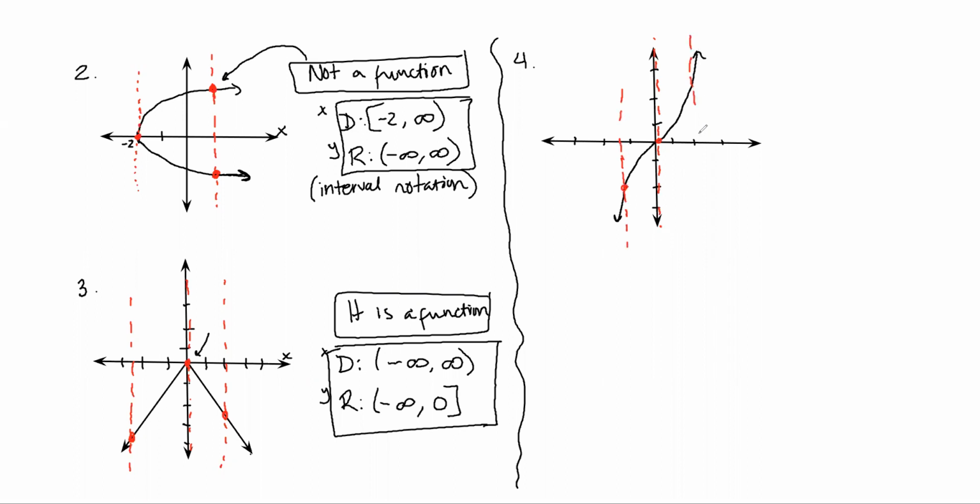Same thing over here, only goes through 1 point. Even though it looks like it's getting really straight here, this will never go completely vertical. So this is just going to go out to the right forever. So this one, because we can only go through 1 point, is a function.